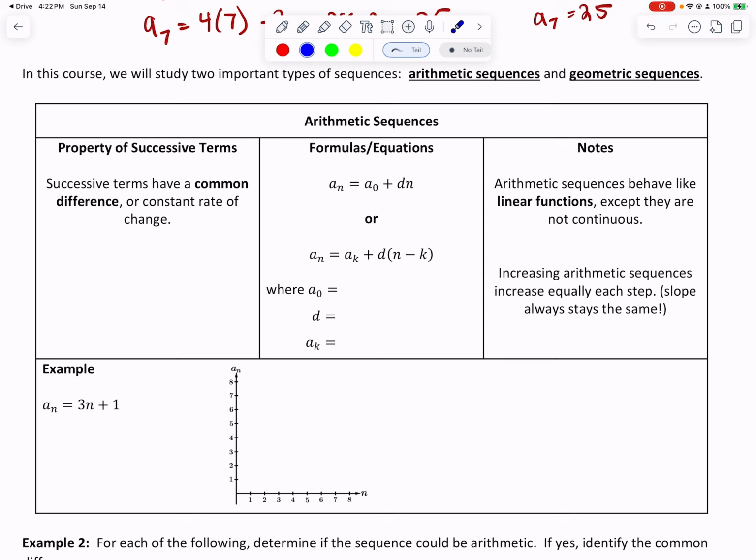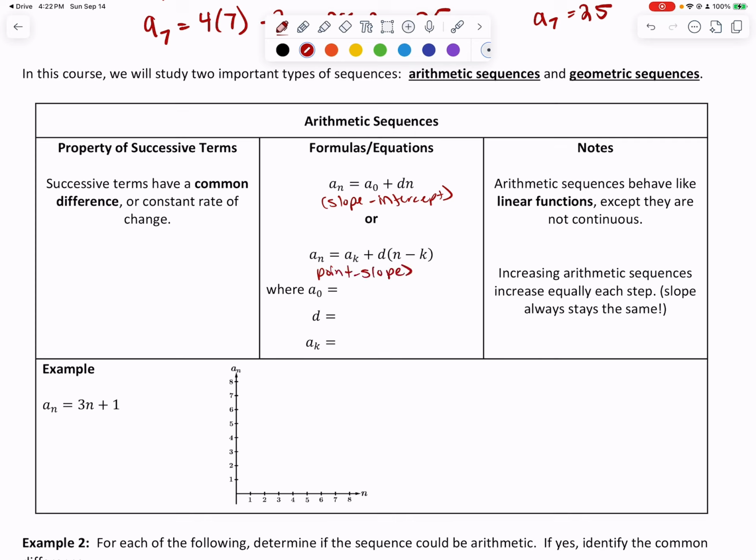Arithmetic sequences have successive terms with a common difference, and that's where we see that linear constant rate of change, okay? So here are 2 different forms. This is like slope-intercept form of a linear function. And this second one is like point-slope form.